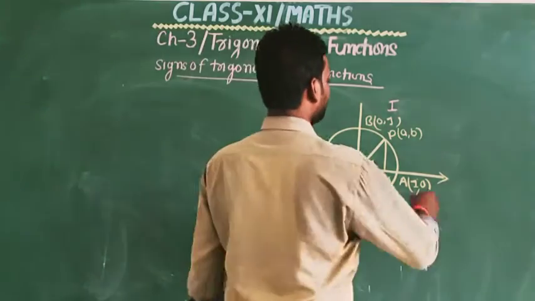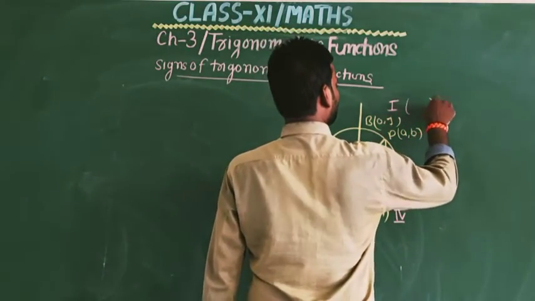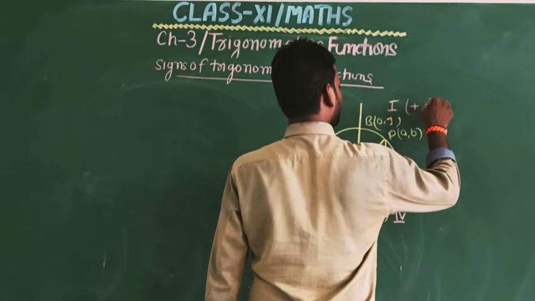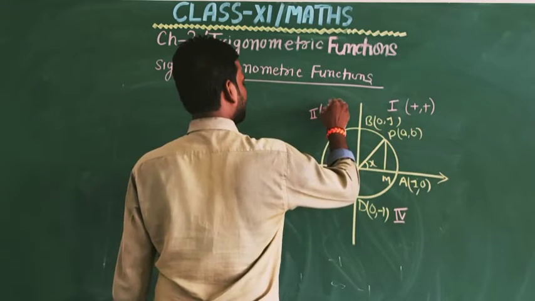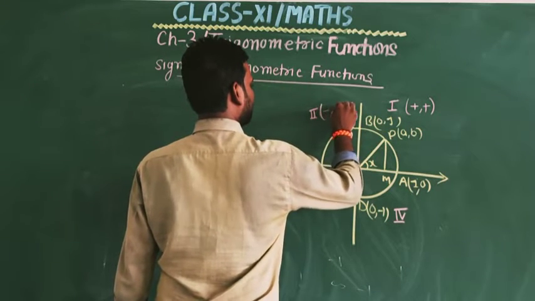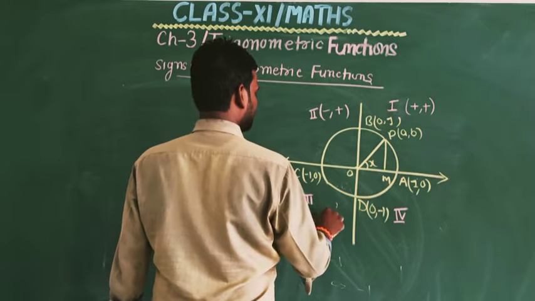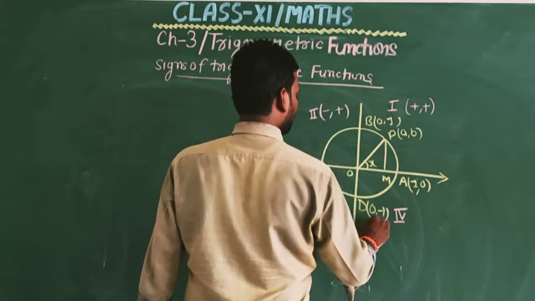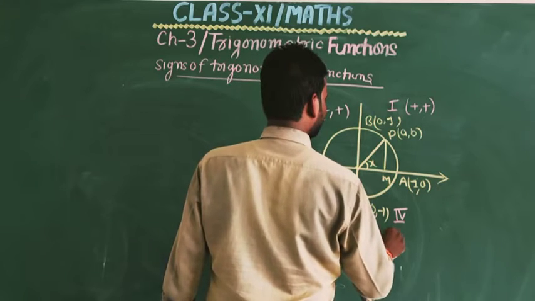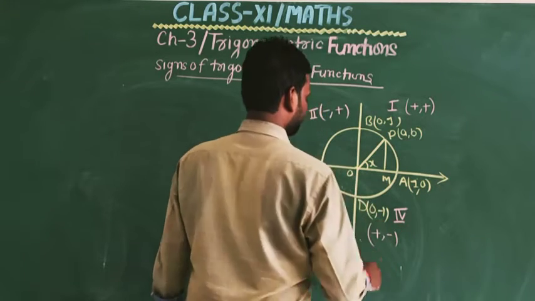So as we know, in first quadrant the ordered pair is positive, positive; in second quadrant negative, positive; in third quadrant negative, negative; in fourth quadrant positive, negative.